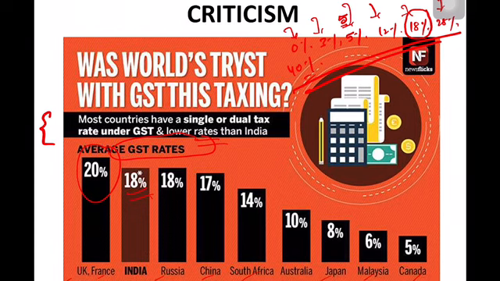So when there are so many poor and middle class people, if you are putting this much tax, how are they going to survive? That raises another big question. If you see the rest of the countries, it is a downtrend in taxes. Canada, another developed country, is only asking for 5% tax, but India is putting 18%. So that is another criticism.